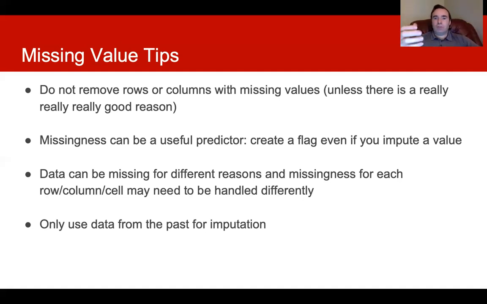You might do it without realizing that, oh, I just used the entire data set for imputation, and if things are changing over time, I might have pulled some temporal information in that I shouldn't have.